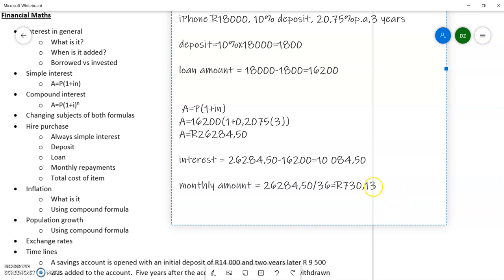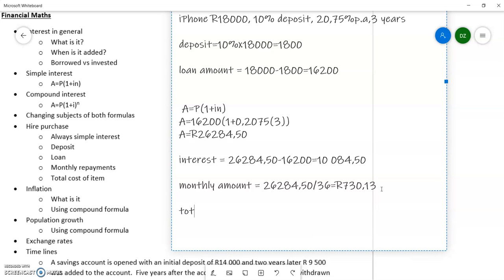Now, the last thing I can ask you, and let's be very careful because the wording is what gives it away. They ask you, what is the total cost of purchase? Total cost of purchase will be your deposit plus your loan repayment.